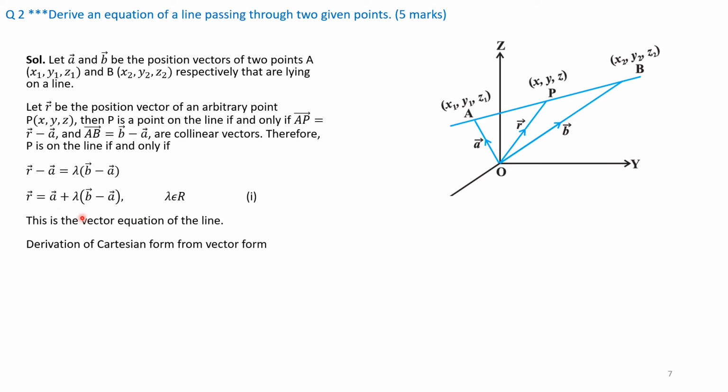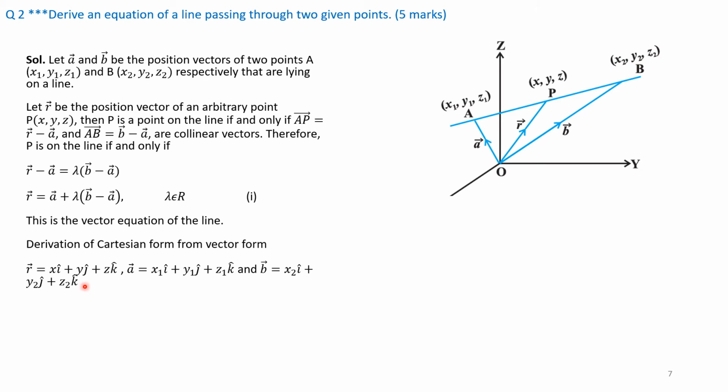The vector form is vector R is equal to vector A plus lambda into vector B minus vector A. Substituting the vector values, vector R is xi plus yj plus zk, vector A is x1i plus y1j plus z1k, and B is x2i plus y2j plus z2k.